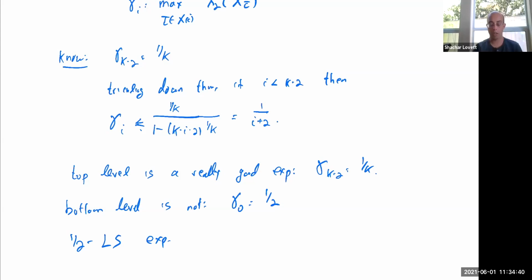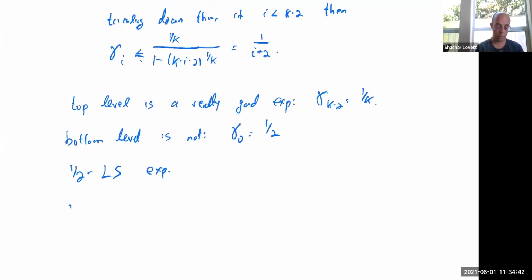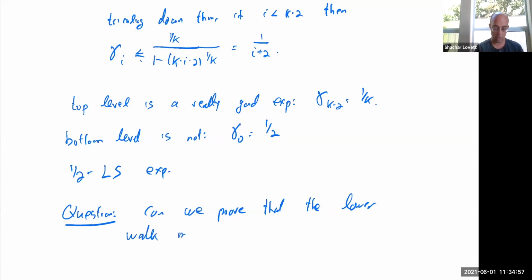And the question is, can we prove that the lower walk mixes when most gamma i are good?